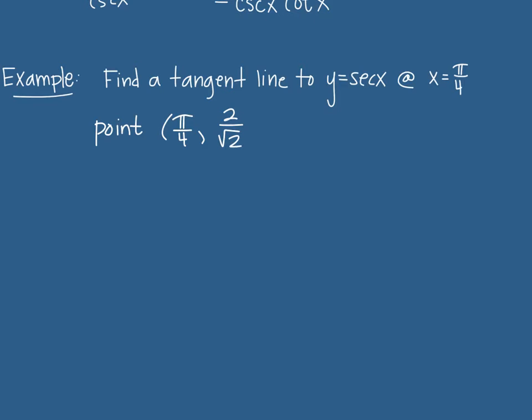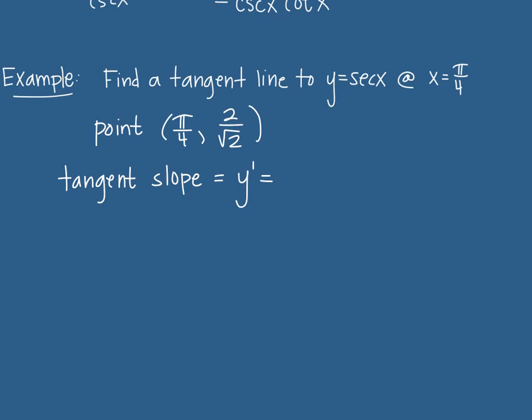2 over rad 2. You do not need to rationalize. You are welcome to just leave it that way. If you did rationalize it, it would be rad 2. Now we want our tangent slope. And so our tangent slope will be y prime.